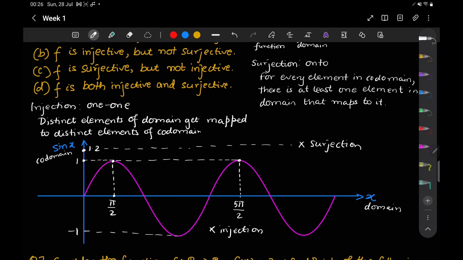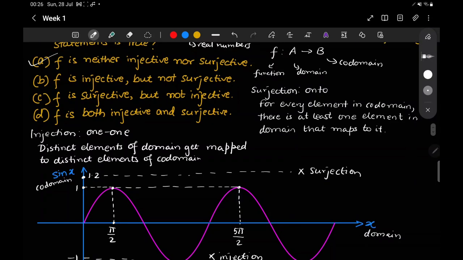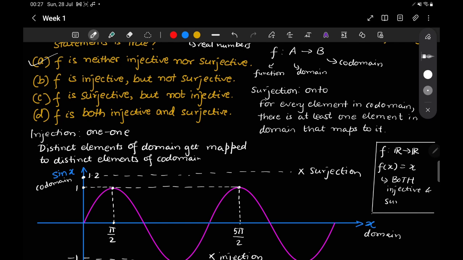Okay, someone is asking what is an example of a function which is both injective and surjective. So an example would be f going from R to R such that f(x) equals x. You can clearly check this function is both injective and surjective.